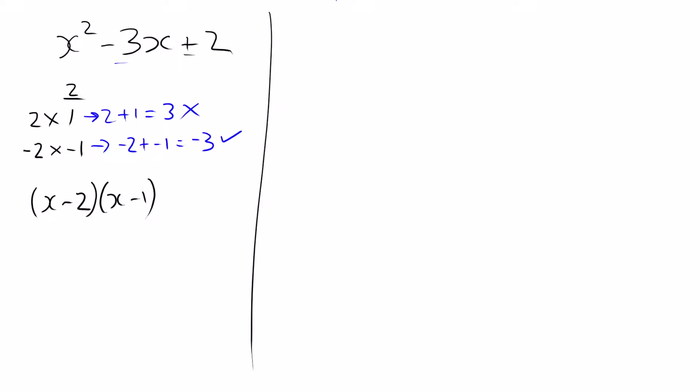Having a look at another one, same principle again, x squared plus 2x minus 8. This time the negative sign is at the end, it's in our minus 8. So we need to find pairs of numbers that multiply to make minus 8, remembering that we need to multiply a positive number by a negative number to get negative 8.